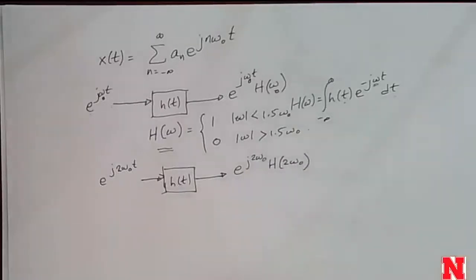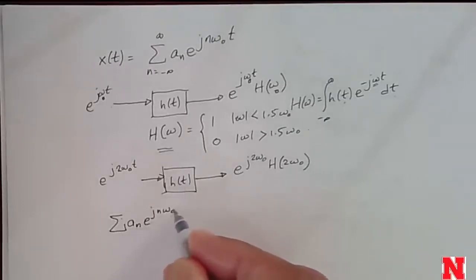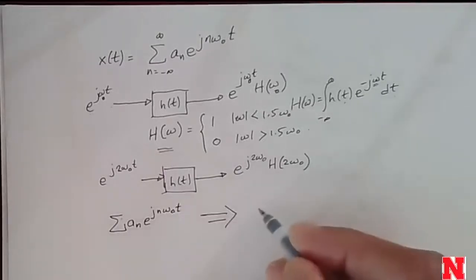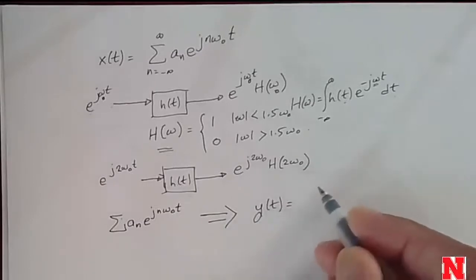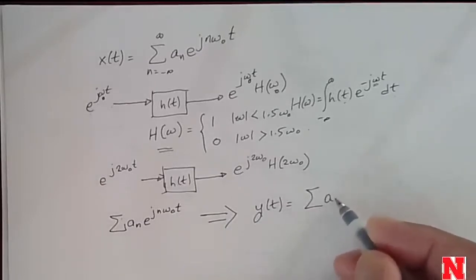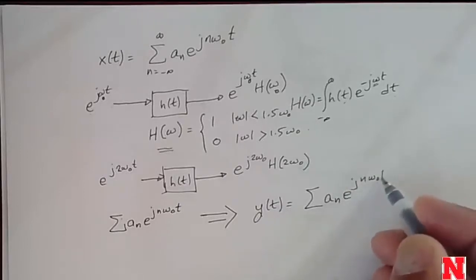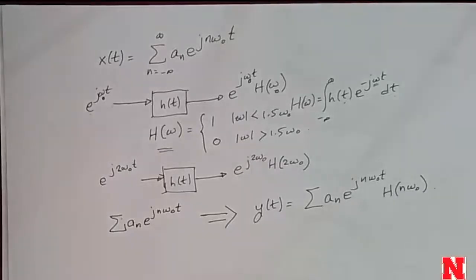So if I put in a sum of these complex exponentials, so if I put in a sub n e to the j n omega naught t, I'll get out the output y of t, which will be equal to the summation of a sub n e to the j n omega naught t h of n omega naught. Right?